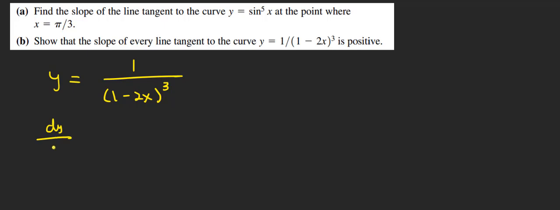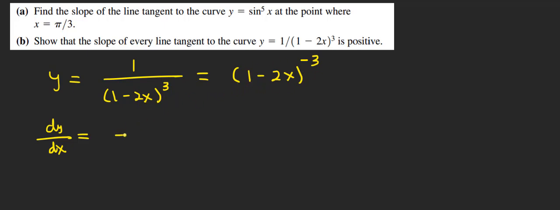So dy over dx is, okay, before we do that, let's rewrite this so that it'll be easier to find the derivative. You could rewrite this as quantity 1 minus 2x to the negative 3. Otherwise, you have to apply the quotient rule. It gets more messy.